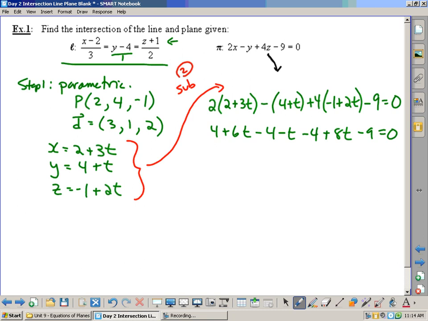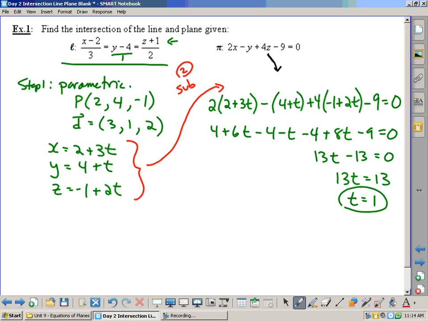Collecting like terms, we get 13t on this side, and then -13 here equals 0. So 13t = 13, and t = 1. What it means is that there was a single value for t that satisfied this equation.